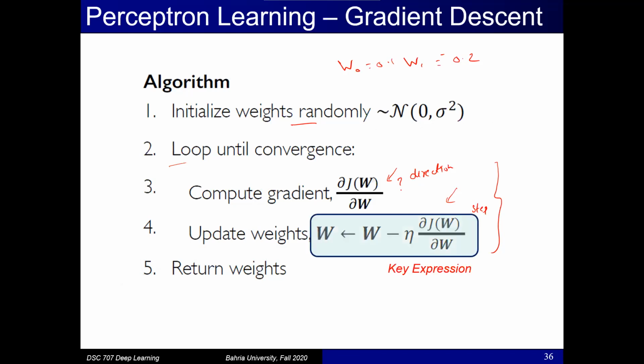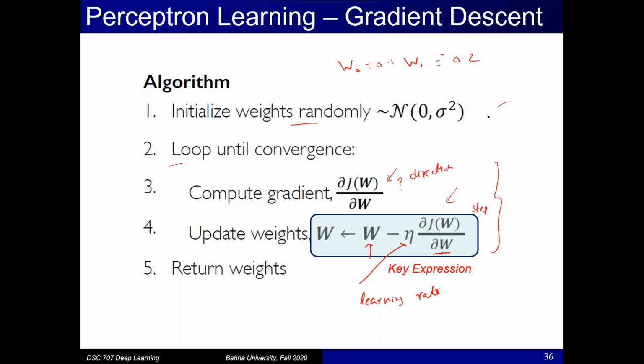In this, the key expression is this one. What is this expression? This is your previous value of the weight. This is the derivative you have computed, and this is a parameter with which I'm sure you are familiar. This is called the learning rate. Now, what actually is the learning rate? Learning rate controls how quickly you are going down.